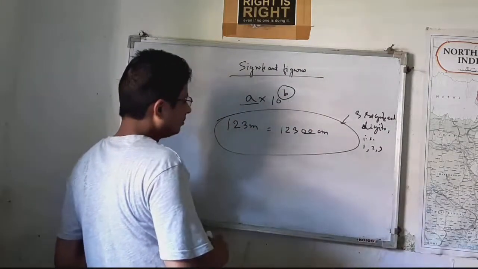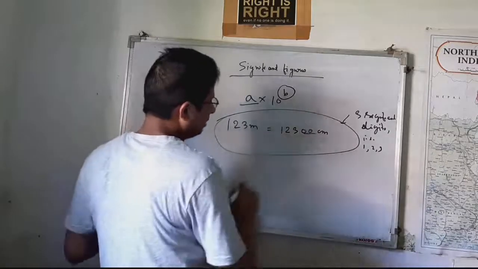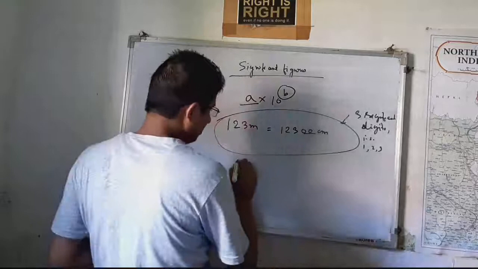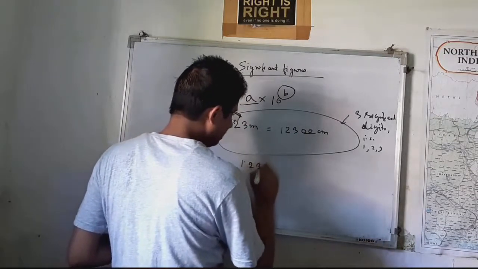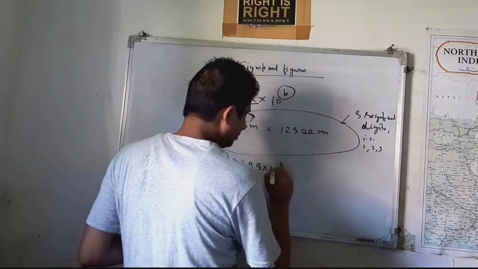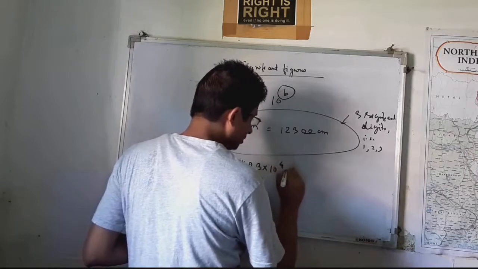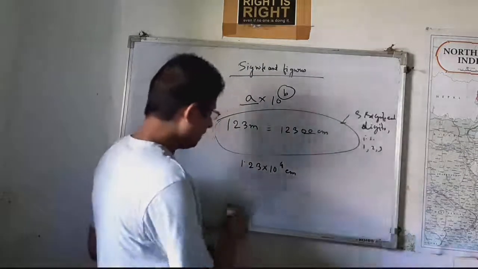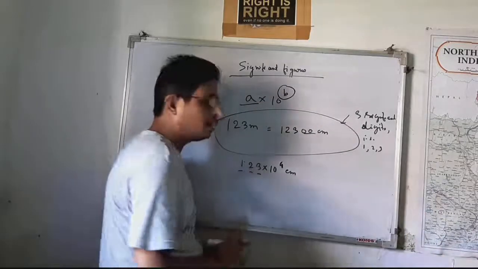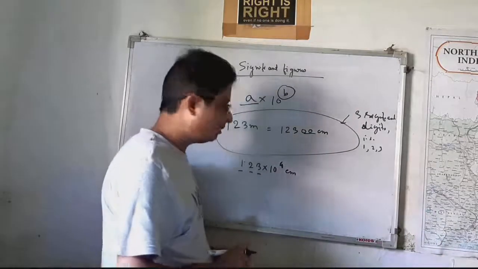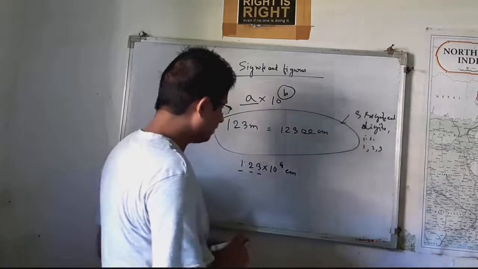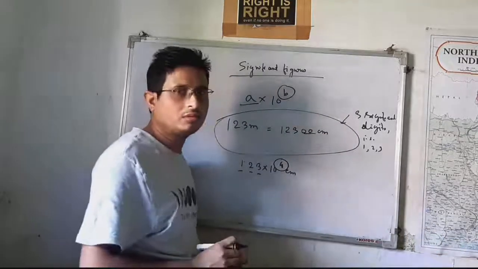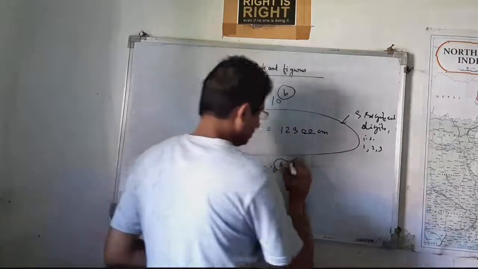This can also be written in scientific notation as 1.23 into 10 to the power 4 centimeter. Look here, only these 3 terms will be significant, and this exponent term will be insignificant.